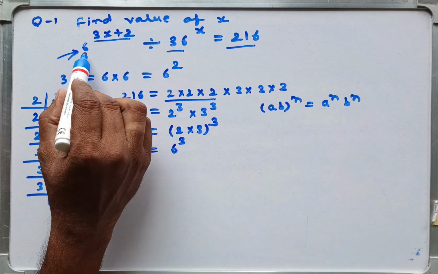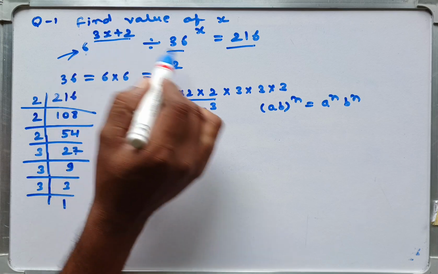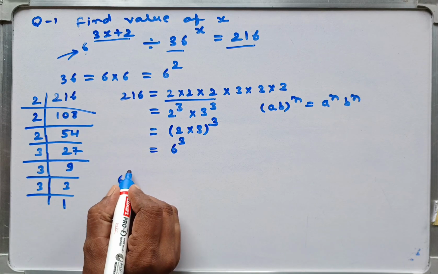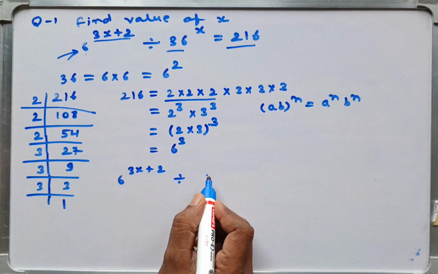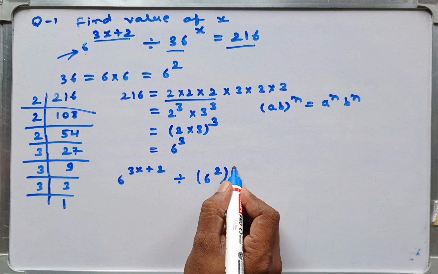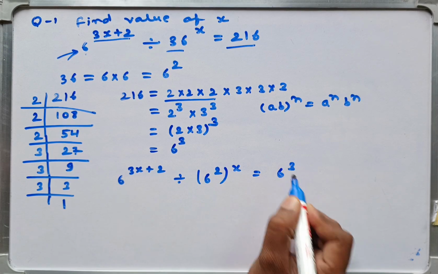Now see, the base of this term is 6 here, so all bases can be written as base 6. So 36 can be written as 6 squared whole to the power of x, and this one can be written as this one.